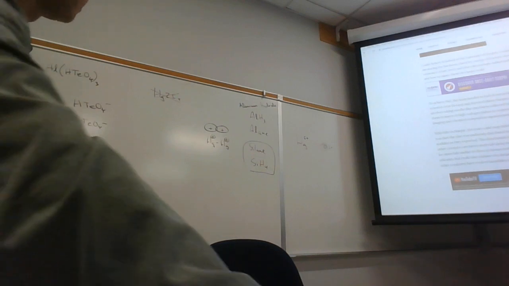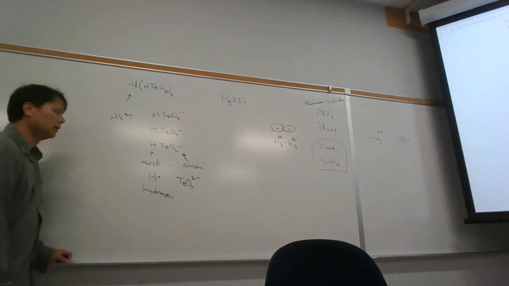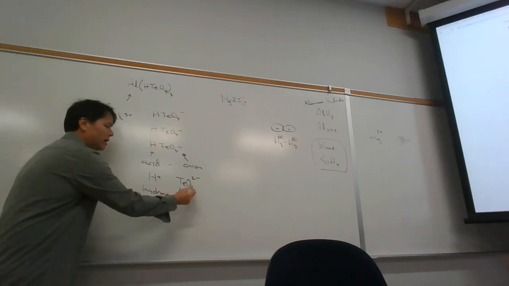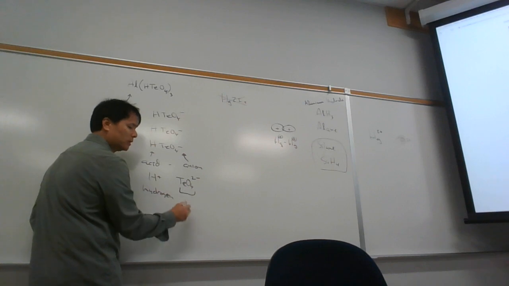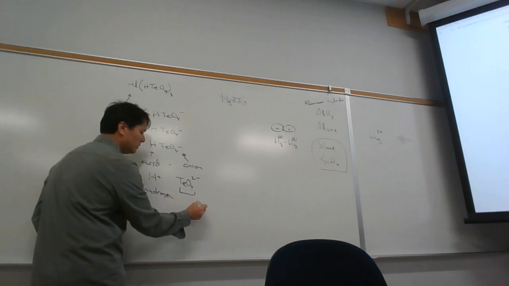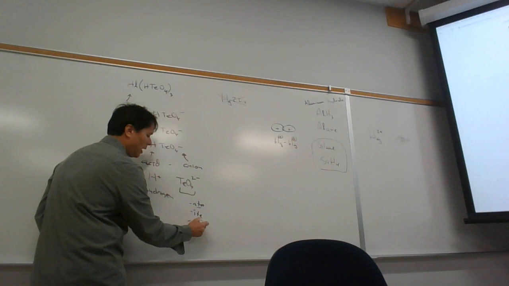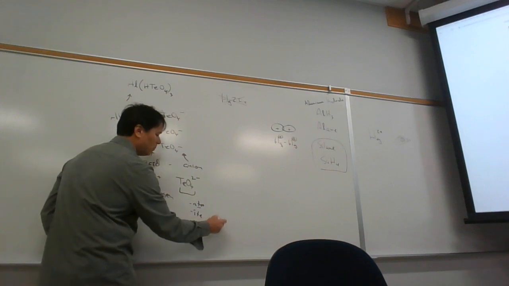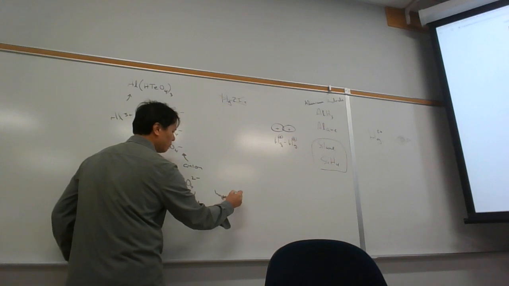Yes, so TeO4 2-. Now we need to figure out the ending. When there's an oxygen, it's got to end in -ate or -ite. Is it -ate, -ite, per-ate, or hypo-ite? We have to figure this out.